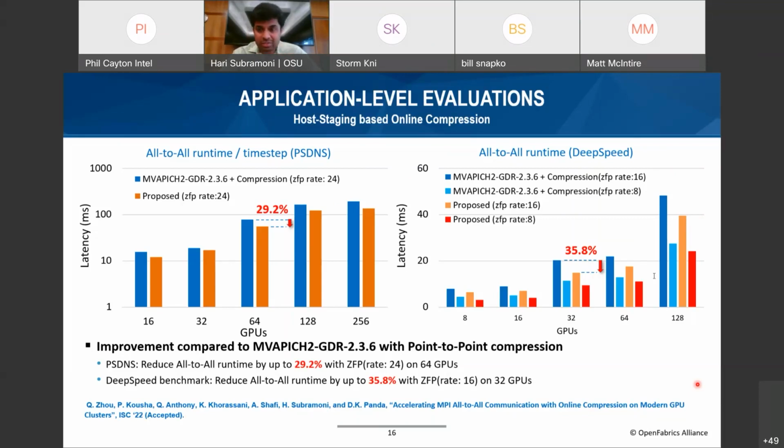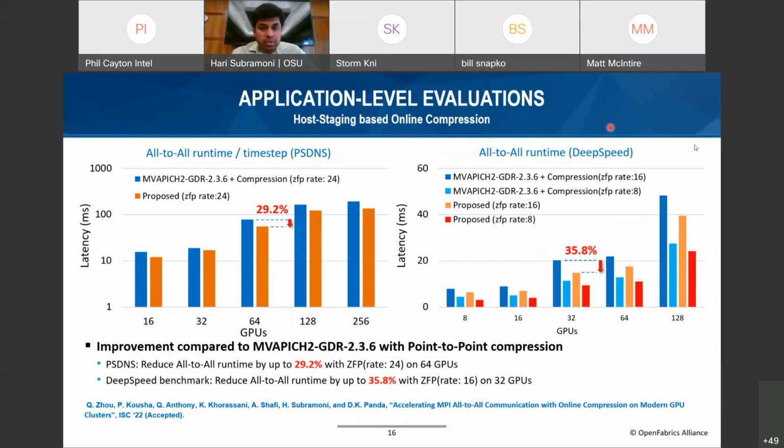Yes, Davide, NCCL has non-blocking primitives. In fact, almost all primitives inside NCCL are non-blocking. Which slide are you referring to here, Davide? Are you referring to the online compression or the host staging design?